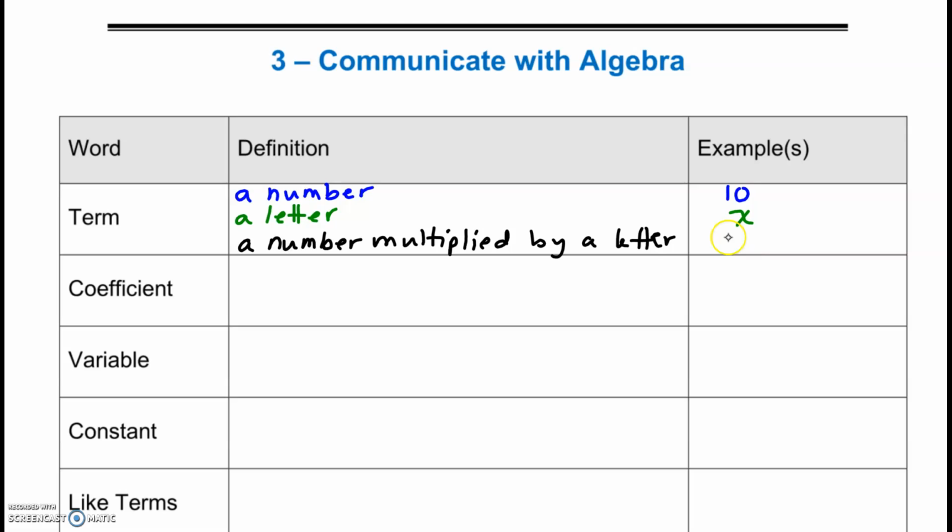And that could be, say, 3 times x. And we know when we multiply a number times a letter, we don't need to put a times symbol. We can just write it right next to each other. So all 3 of those things can be a term.